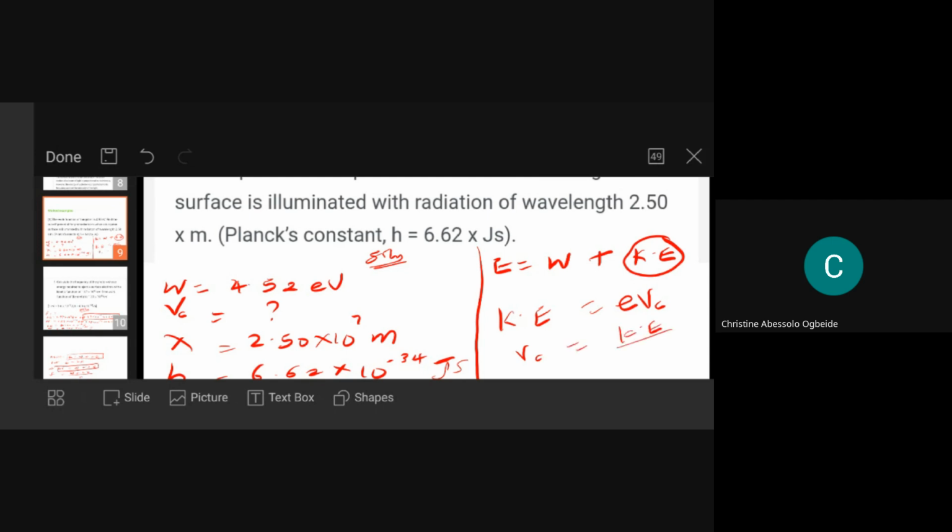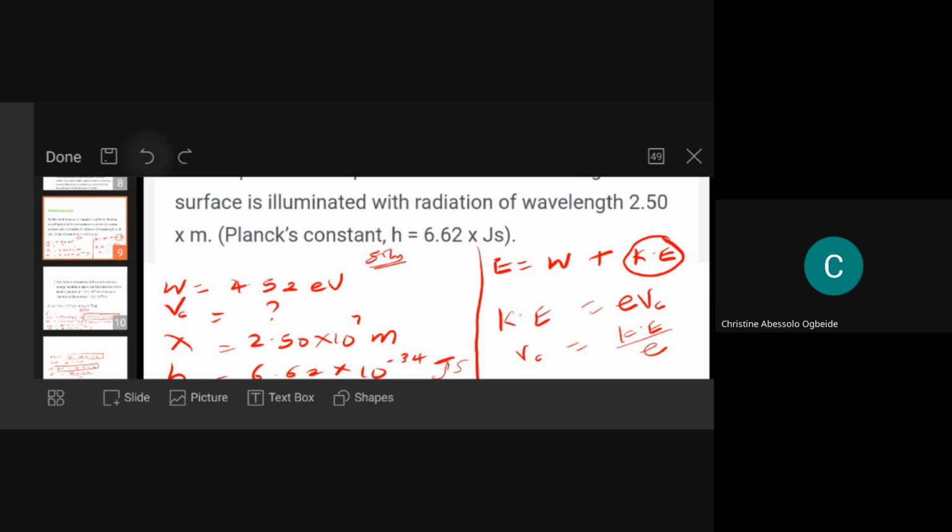Kinetic energy divided by the electron charge, which is the constant 1.602 times 10 raised to the power minus 19 coulombs. Once we find the kinetic energy, you divide it by the charge of the electron. That gives us the cutoff potential in volts.